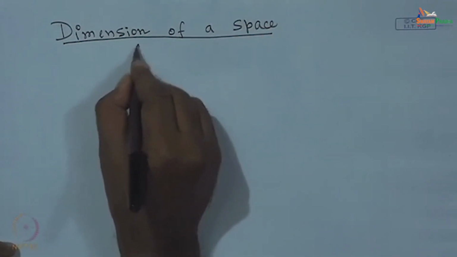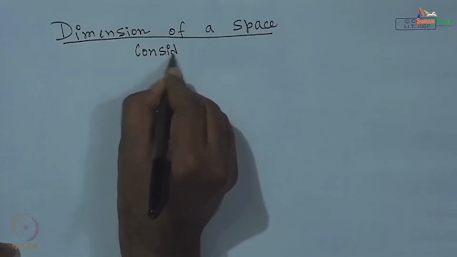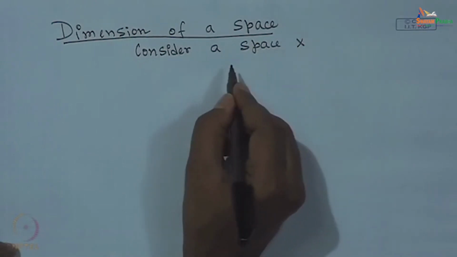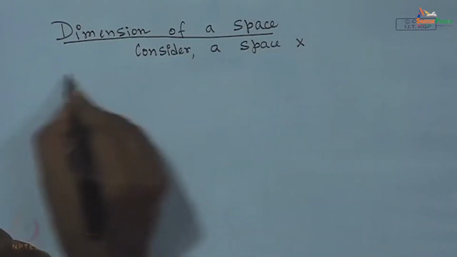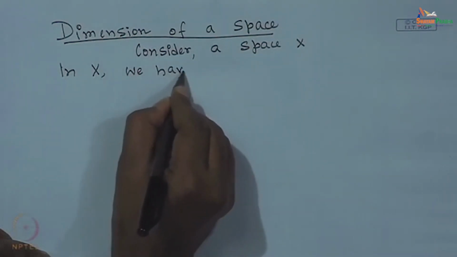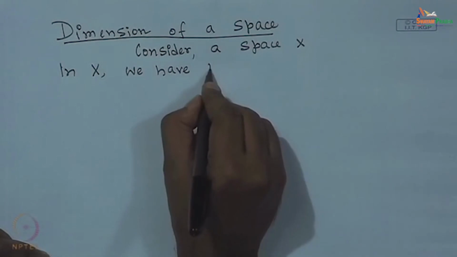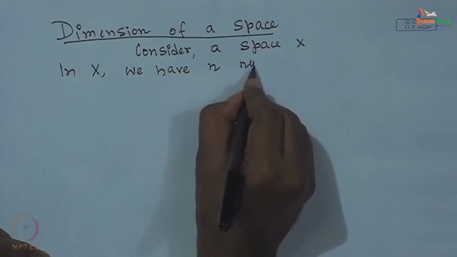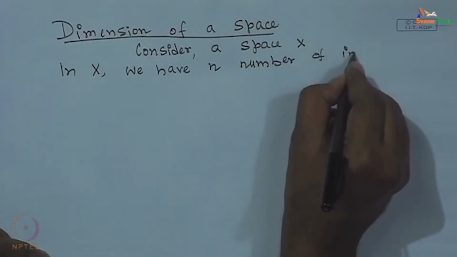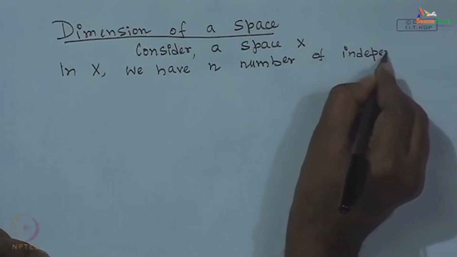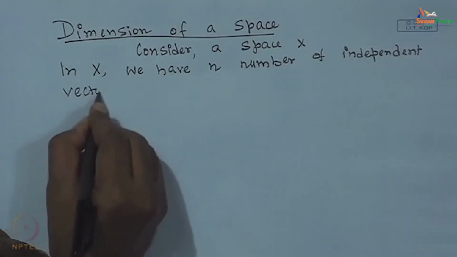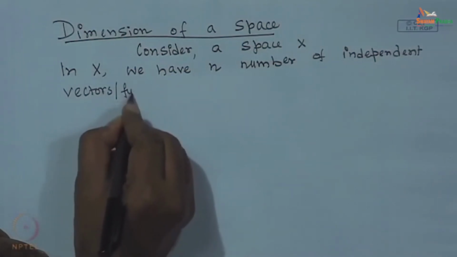Suppose we consider a space x, and in this space x we have n number of independent vectors, they can be functions as well.